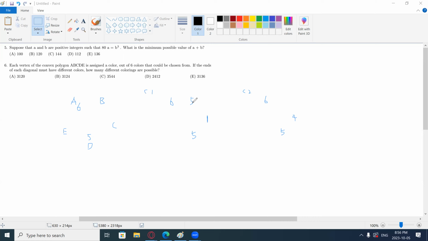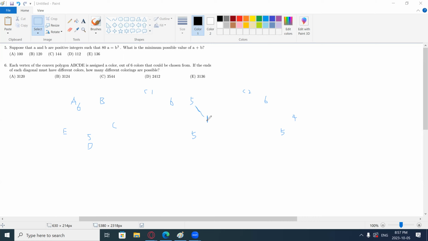And since these 2 colors are different, because the color at C is the same as the color at D, and since the color at B is different from the color at D by definition, it also has to be different from the color at C. So these colors must be different.